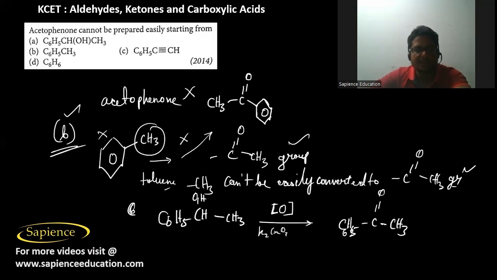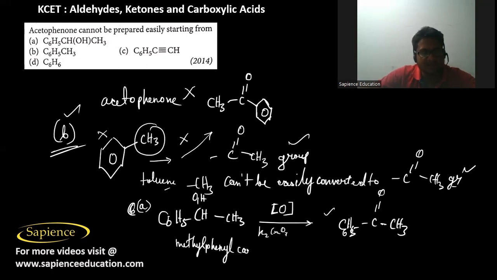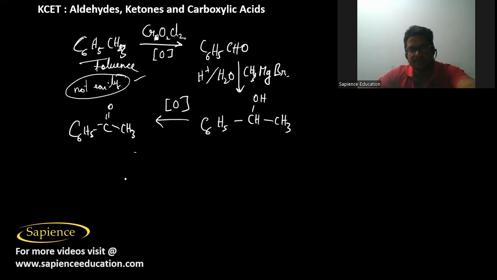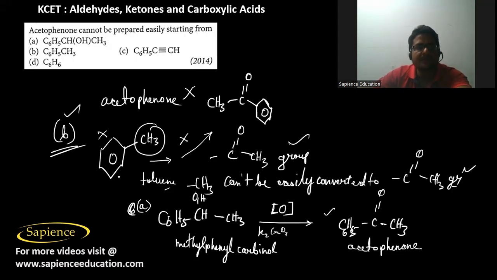In option A, it takes only a single step to convert methyl phenyl carbinol into acetophenone. And in the second case, it requires three steps to convert toluene into acetophenone. So it is not very easy to convert.